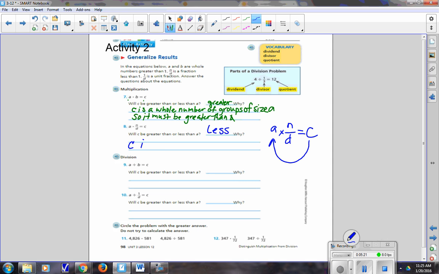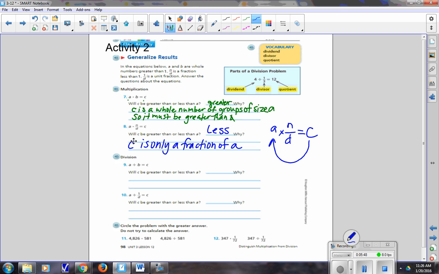C is only a fraction of A, right? So you might say here, N over D of A, a piece of A, because you can flip this around very easily, right? A times N over D or N over D times A. Thumbs up if you have heard that before. You can flip that.